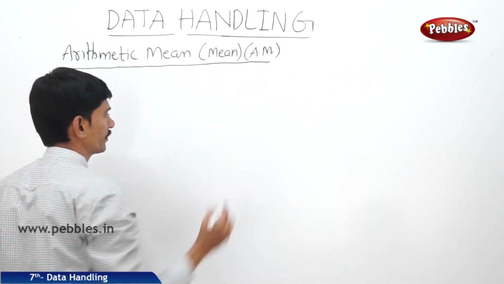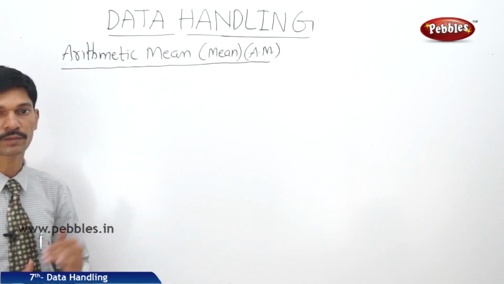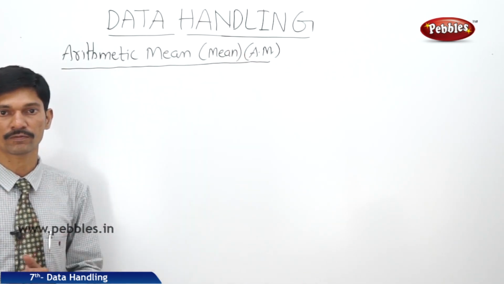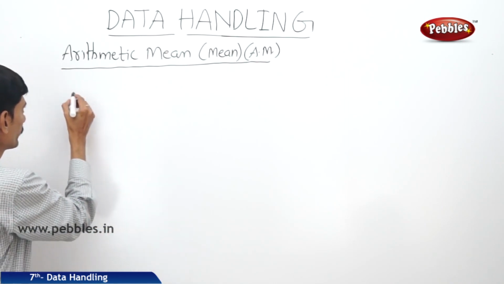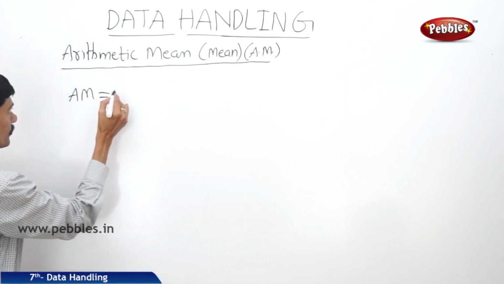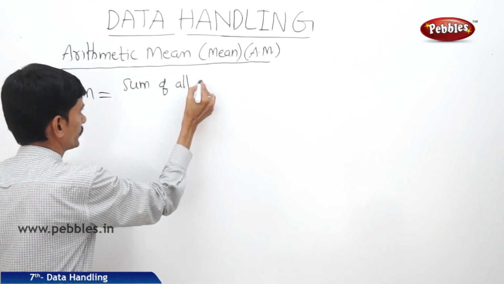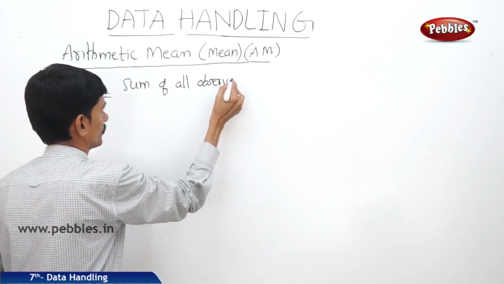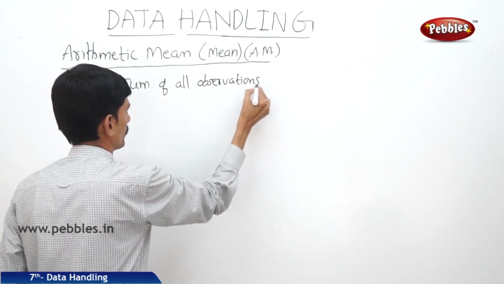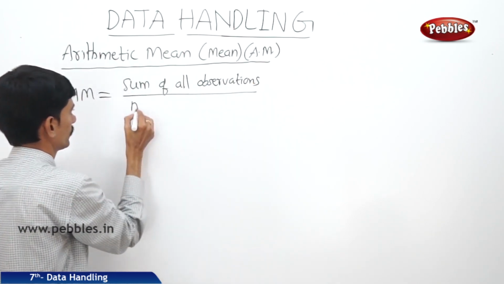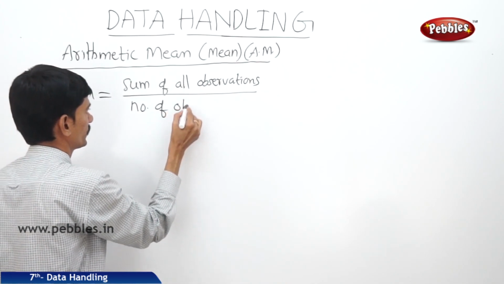Arithmetic mean is defined as the sum of all observations divided by the number of observations. Arithmetic mean equals sum of all observations by number of observations.